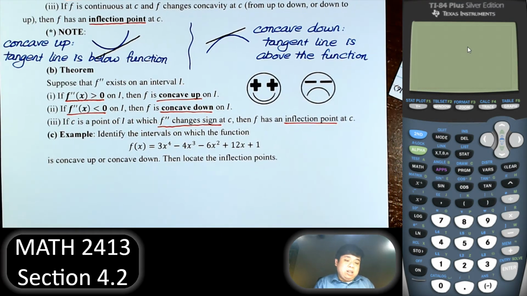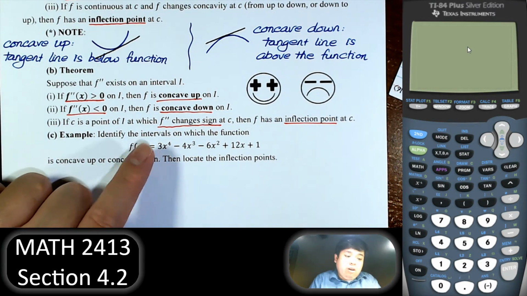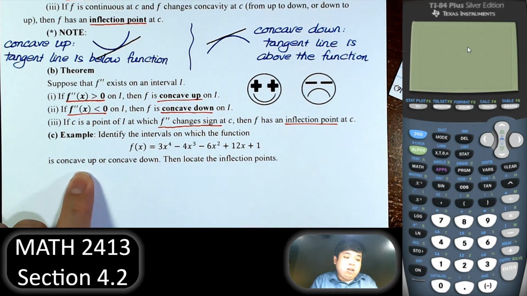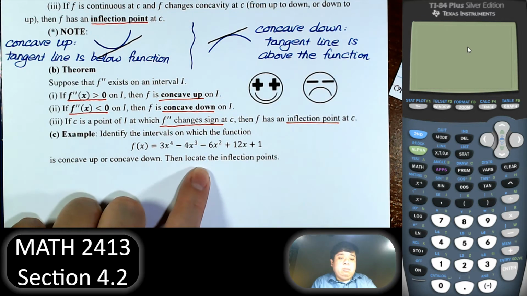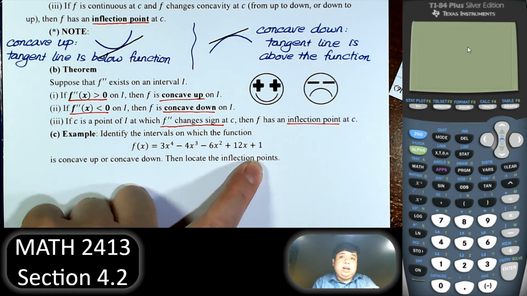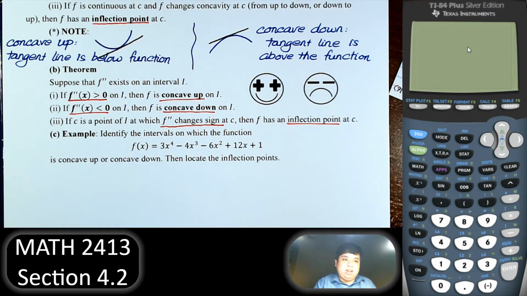So let's look at one example. Identify the intervals where the function is concave up or concave down. Once again, if we only want the intervals, we don't need to check the points. If we find the points, then we do need to check them.